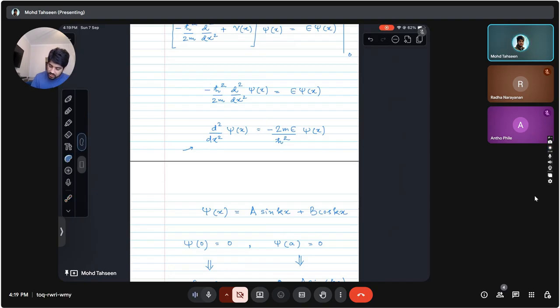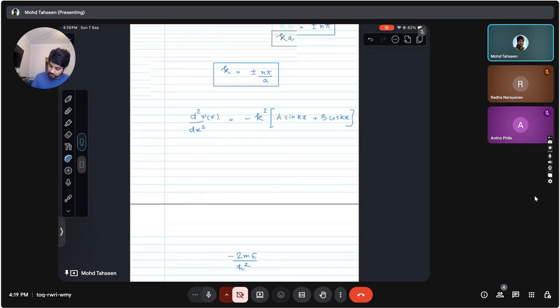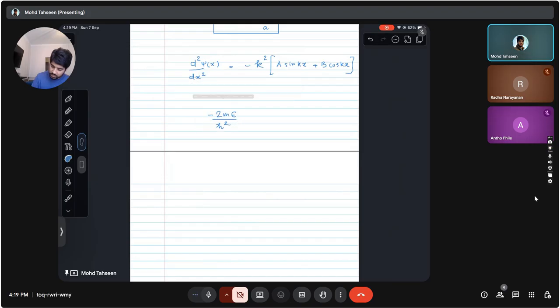Since this form of psi satisfies this wave equation, these two coefficients should be equal. This should be equal to minus k square, which implies E should be equal to h cross square k square divided by 2m.